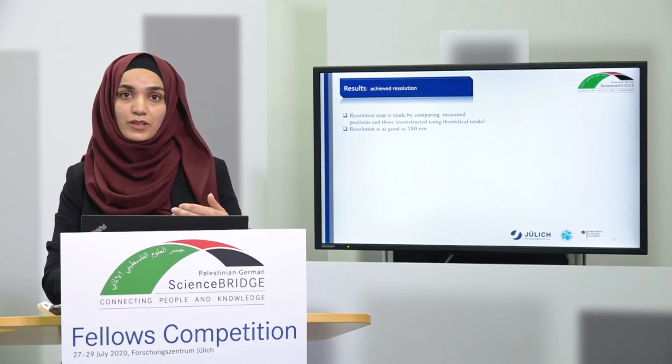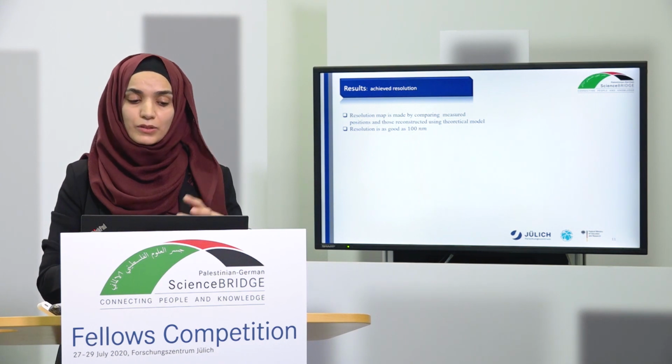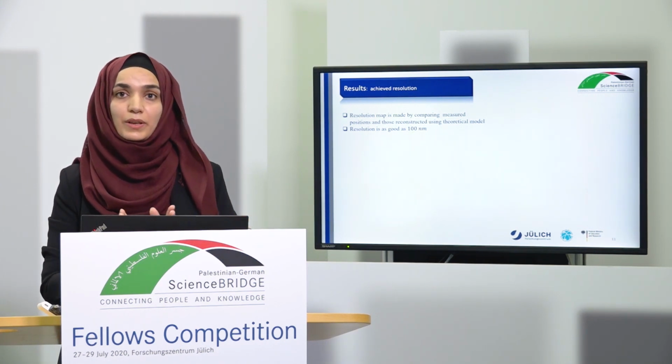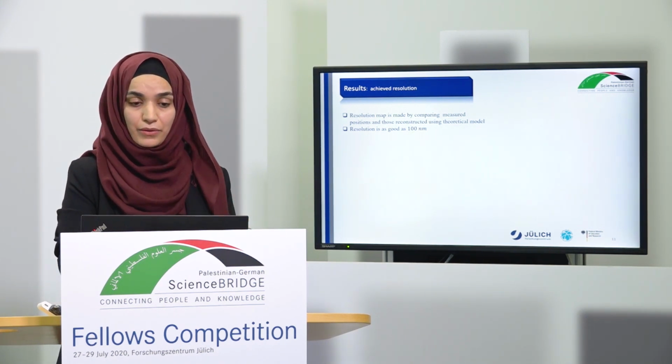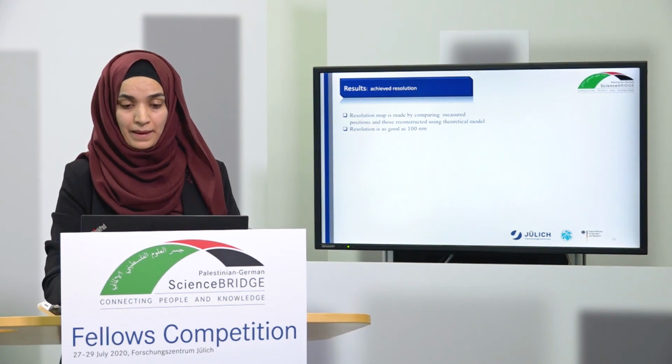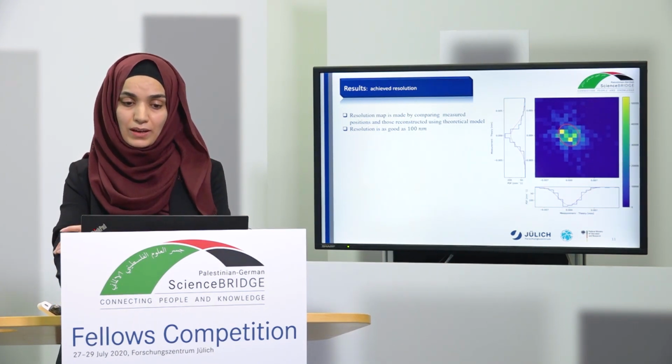And what we do, we make a comparison between individual grids that correspond to each other, between the theory and the measurement. So in other words, we look for the difference between the measurement and the theoretical expectation. And this is how the result looks like.